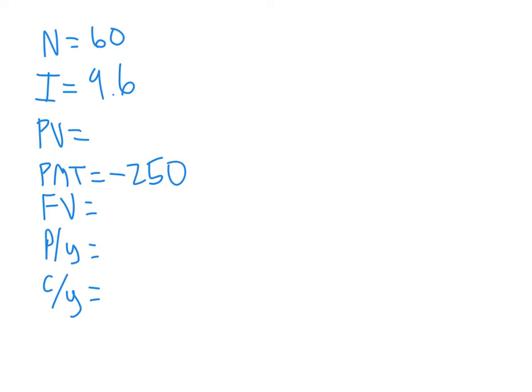If we entered positive 250, we would have got a negative answer. Just our final answer in the computer should obviously be positive. No future value, and then 12 and 12 because we're compounded monthly. And then if you go up to present value and you solve for it, you should get 11,000. Oops, that's an 8.